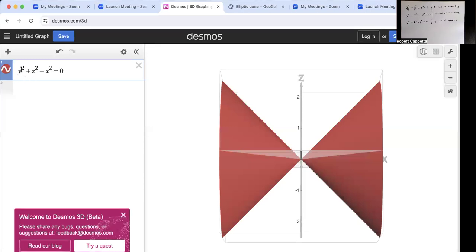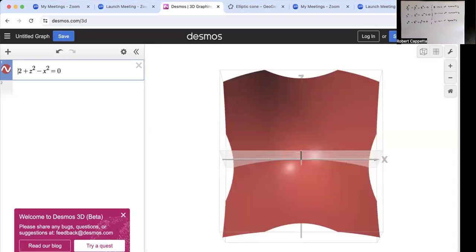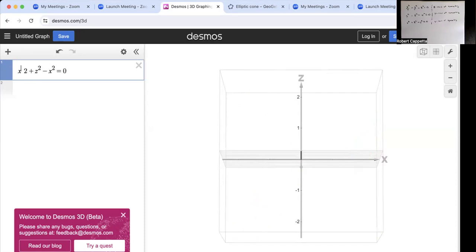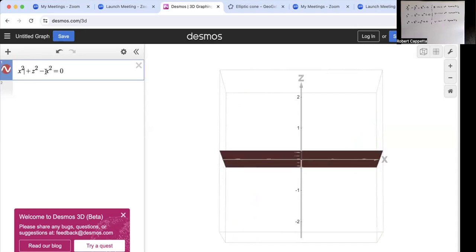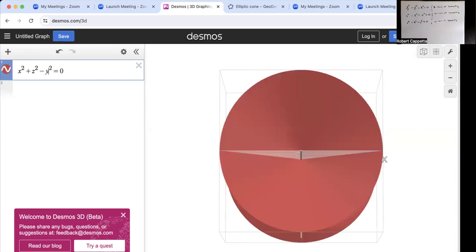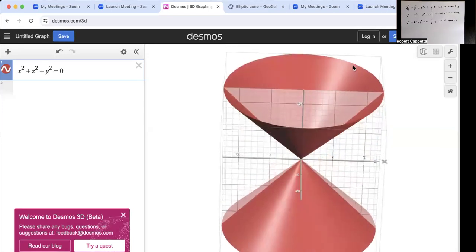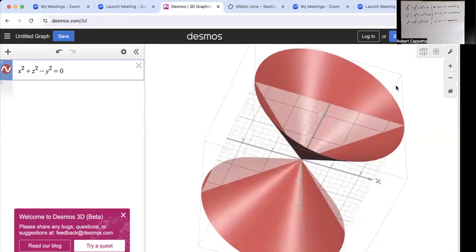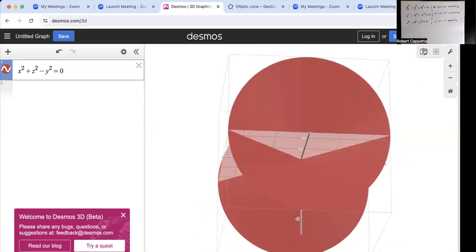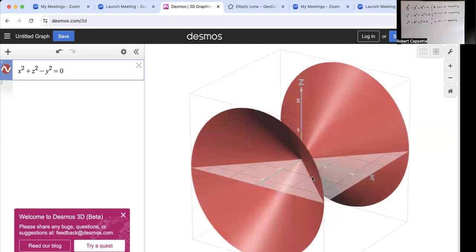Pulling this up, let's change it to x squared plus z squared minus y squared is 0. And can you see that indeed the y-axis is the one that it's wrapping around? You see x here, we see y coming out this direction.